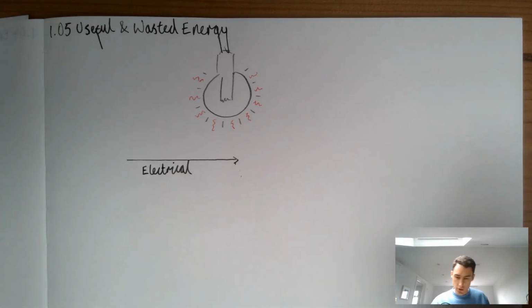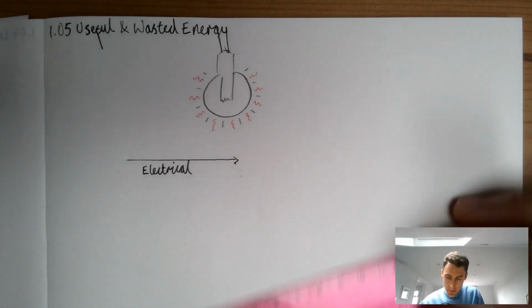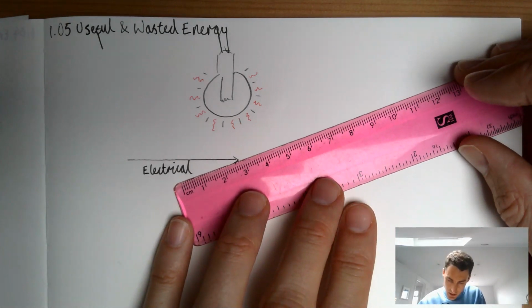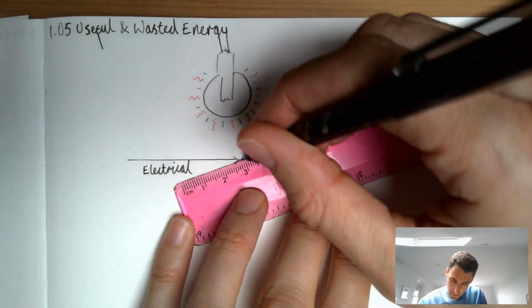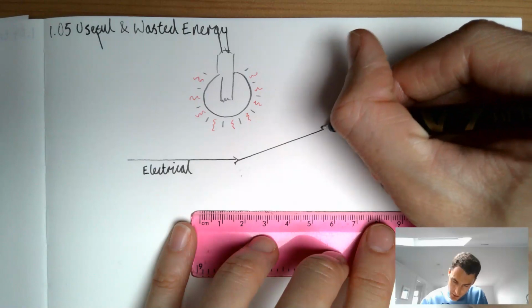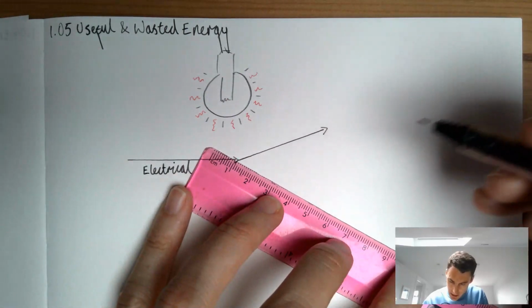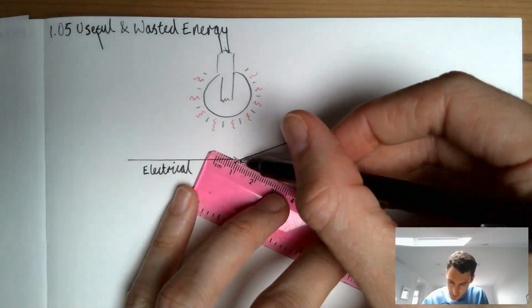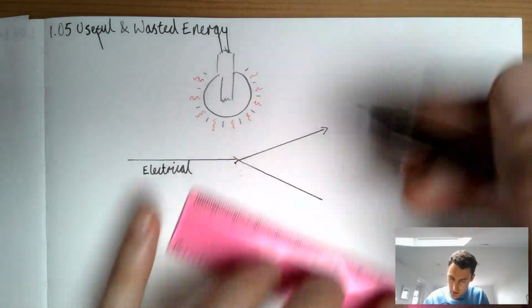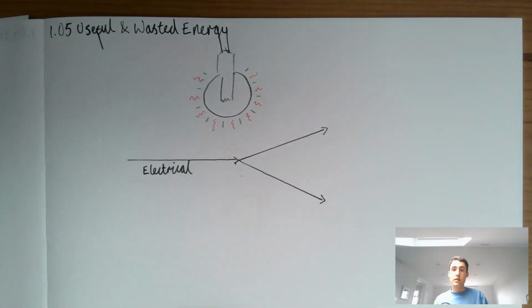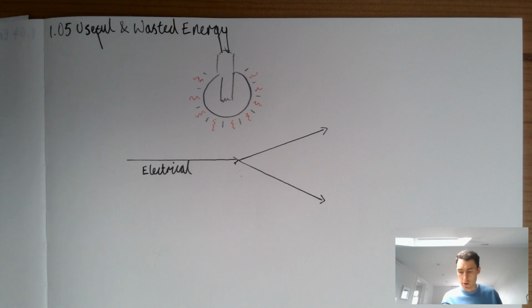What I'm then going to do is show that the light bulb changes the pathway effectively, so that all of that energy that was transferred in electrically is transferred out of the light bulb in two different ways.